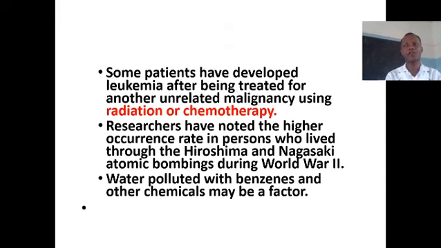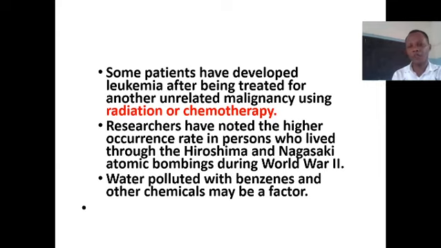Some patients have developed leukemia after being treated for another unrelated malignancy using radiation therapy or chemotherapy. They had cancer elsewhere, but were treated with radiation or chemotherapy. Then those bone marrows and blood-forming tissues get damaged.